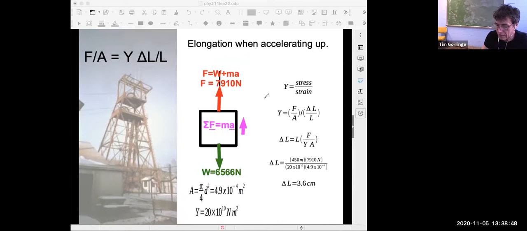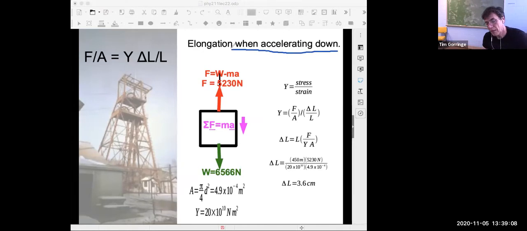Okay, so that's accelerating upwards. We stretch the cable a bit more. And you might guess then that accelerating downwards, let's do that one next really quickly. Here it is. We might guess that we might stretch the cable a little bit less.